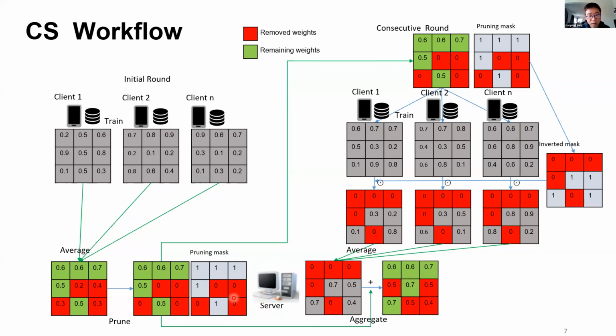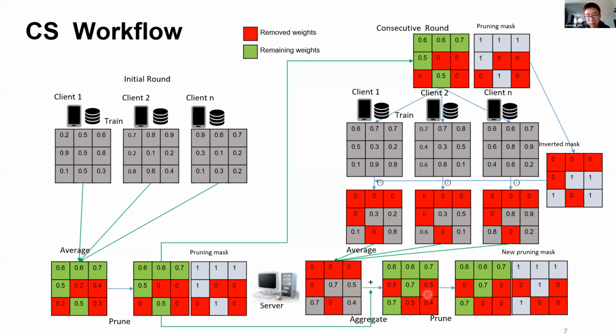In this process, which is not shown in the animation here, we can amplify the client's model a little bit to make sure the weights will outgrow other weights. So in the next round, when we apply this low magnitude pruning again on the global sparse model, we can produce a new global sparse model with a new pruning mask.